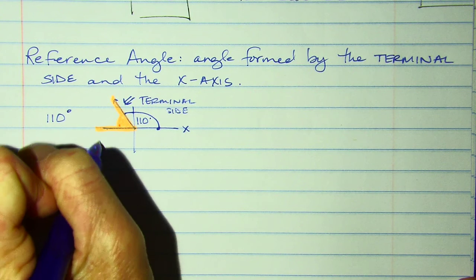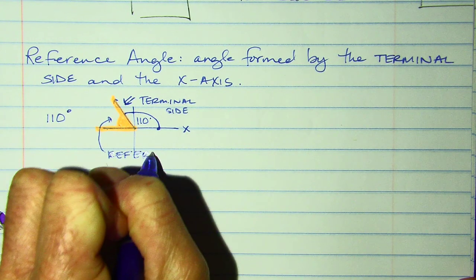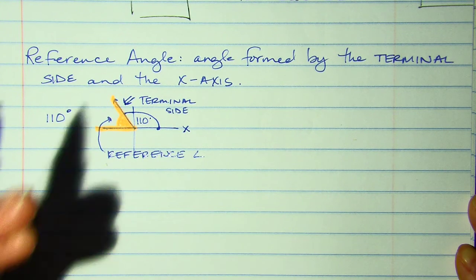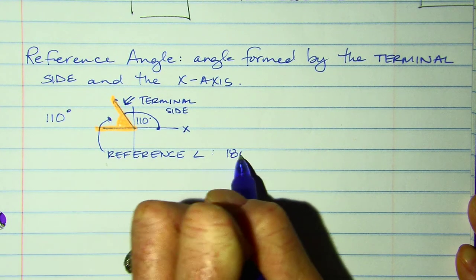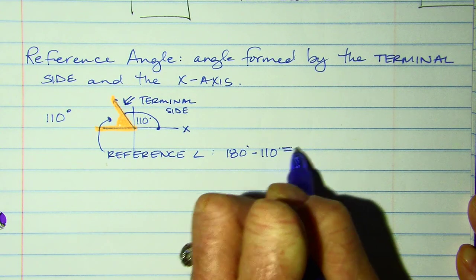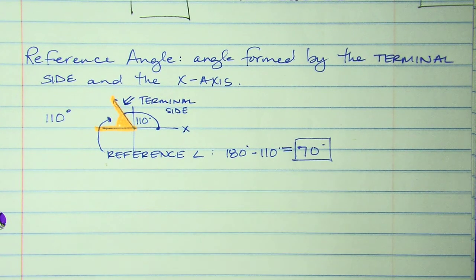So this right here is my reference angle. So any guess on how I would calculate my reference angle? Well, I know a straight line is 180. So 180 minus 110 would give me a reference angle of 70 degrees. So 70 degrees is the reference angle.